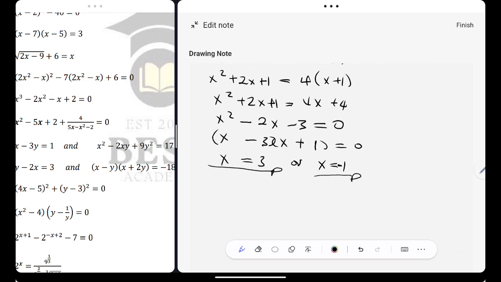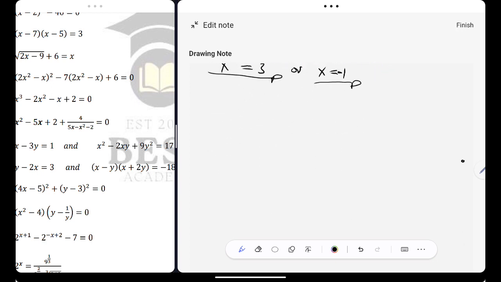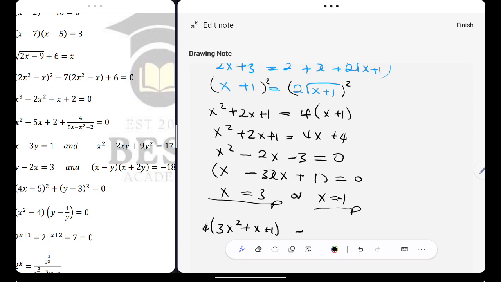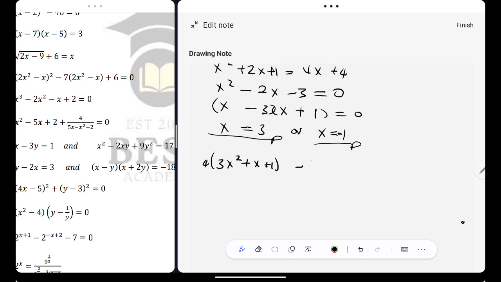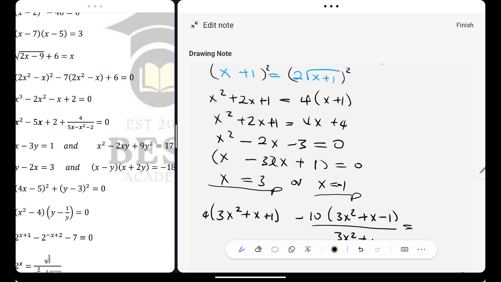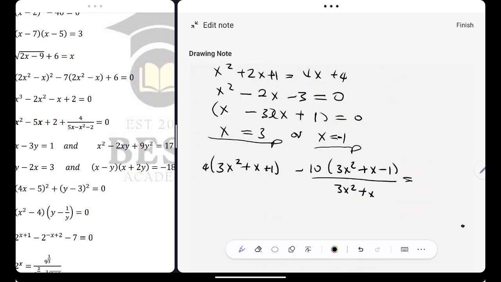And then for the second one, I have 4 over 3x squared plus x and 1, and then I have, let me check, minus 10 times 3x squared plus x minus 1 over 3x squared plus x is equal to 7.